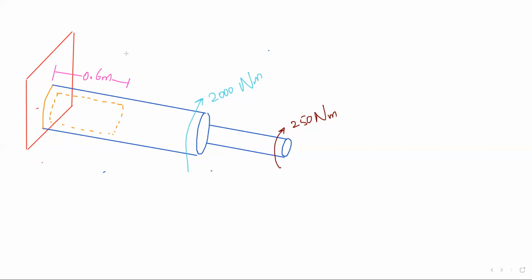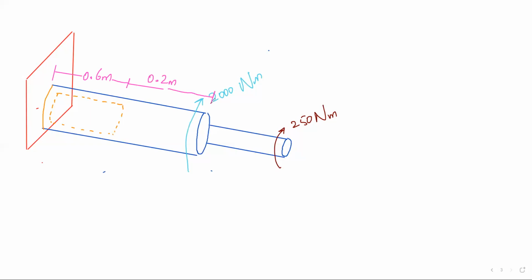This definitely doesn't look like a 0.2. I think I made the problem not per scale. Okay.